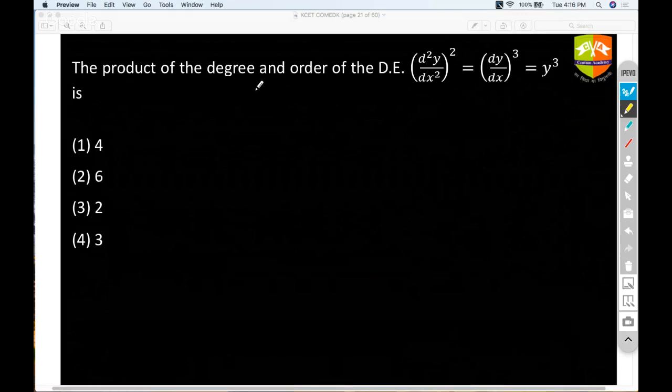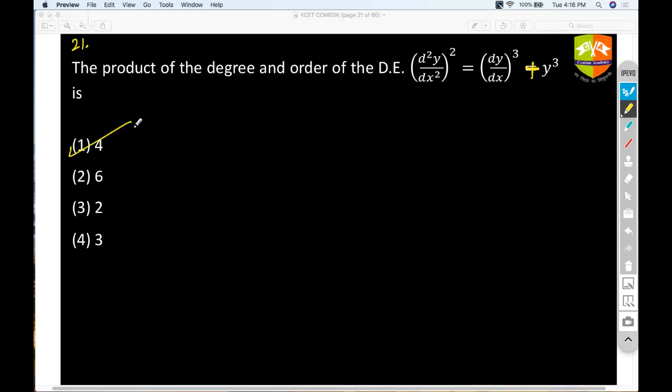By the way, there's a small typo here. This is a plus sign over here. The question is: the product of the degree and order of this differential equation is. Question number 21.